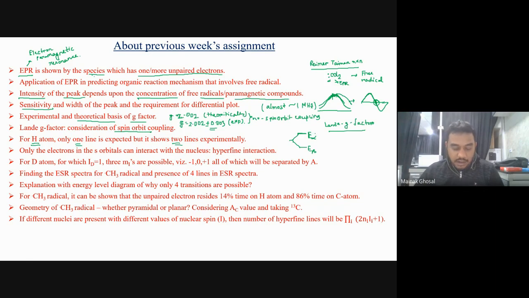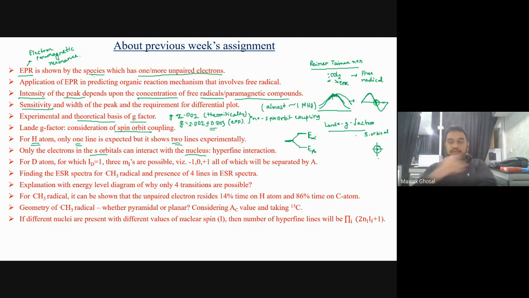Why? Because in that case you need to consider the electron present in the hydrogen. The hydrogen electron is present in the s orbital, and as I have told you, if an electron is present in the s orbital, it can interact with the nucleus, and this gives you hyperfine structure. Why the s orbital? That was also discussed: only for the s orbital is the electron density non-zero at the nucleus.